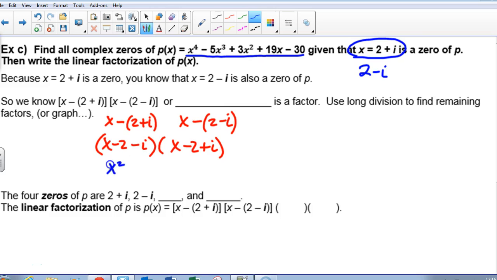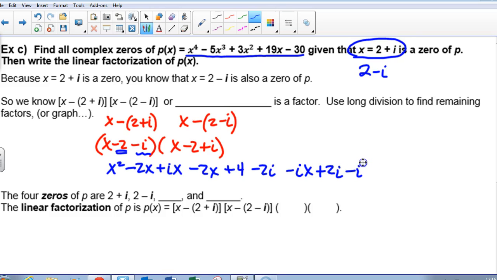Help me. Multiply an x through this second parenthesis. So I'd get x squared minus 2x plus ix. Now distribute the -2 through this second parenthesis. Okay? And finally distribute the -i through this second parenthesis. Minus i squared, right. Okay. Now what happens?